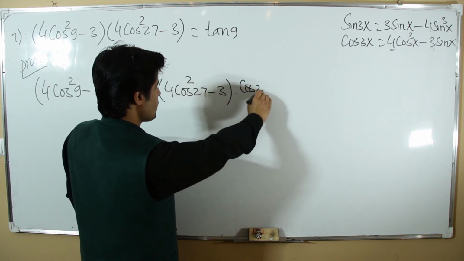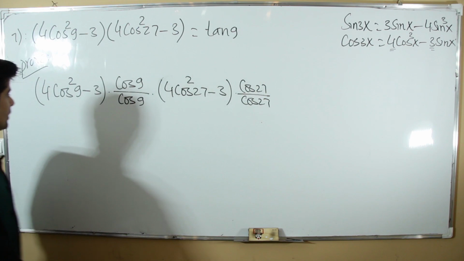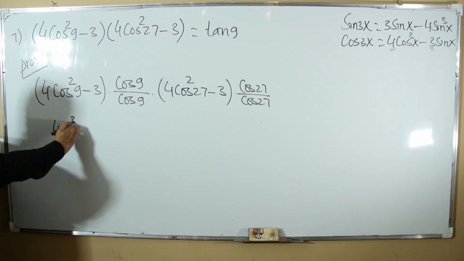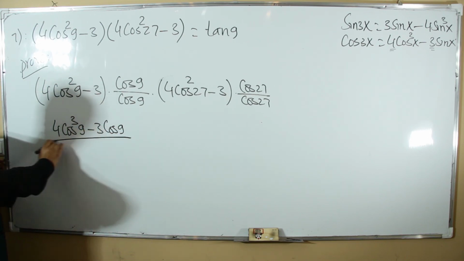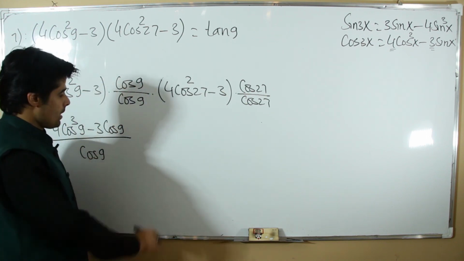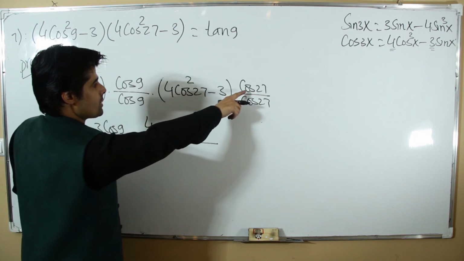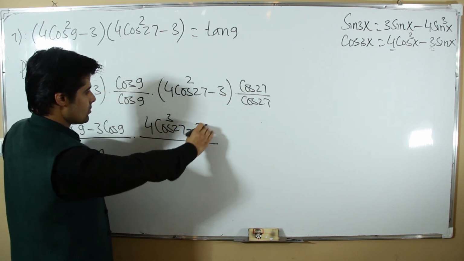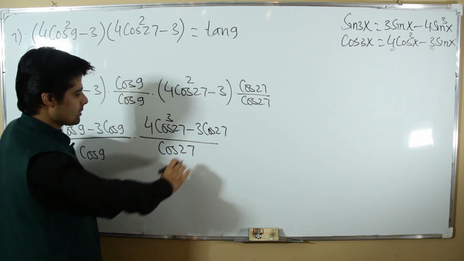Now multiply by cosine of 27 here, and divide by it. Now this cosine 9 with this one gives 4 cosine cube of 9 minus 3 cosine of 9, divided by cosine of 9. Am I right? Yes. Multiplied by 4 cosine cube of 27 minus 3 cosine of 27, divided by cosine of 27.